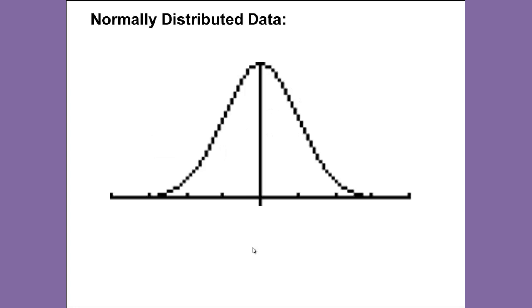Remember our normal curve, our bell-shaped curve, with the mean in the center. Notice we'll mark that as mu, mu being the symbol for the population mean.